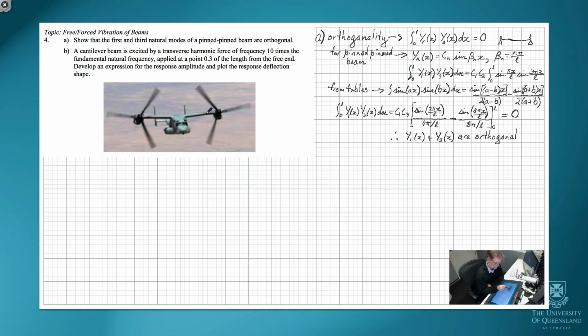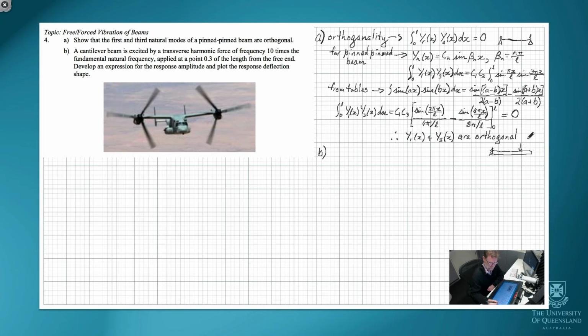So we're 30% from the free end, and we're asked to develop an expression for the response amplitude and plot the response deflection shape. Okay, so part B, we're looking at force response of a cantilevered beam. Just fixing up that diagram a bit.